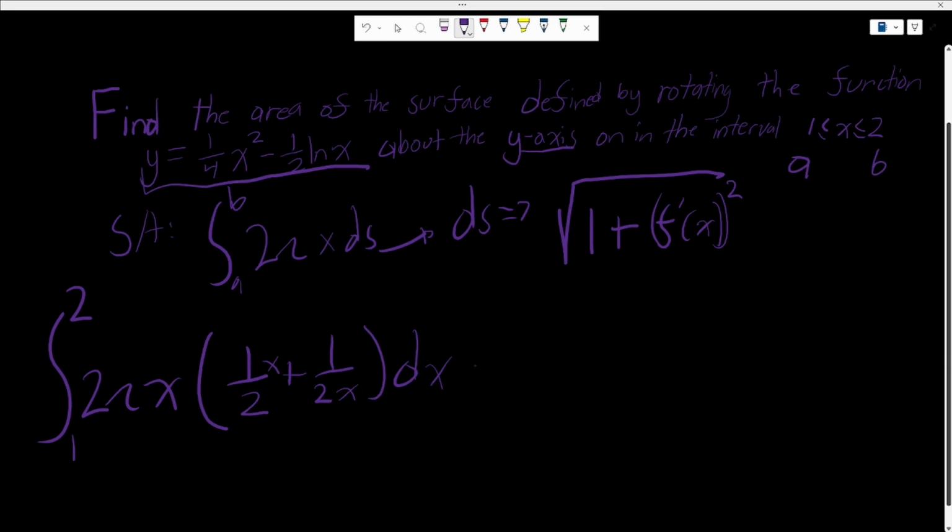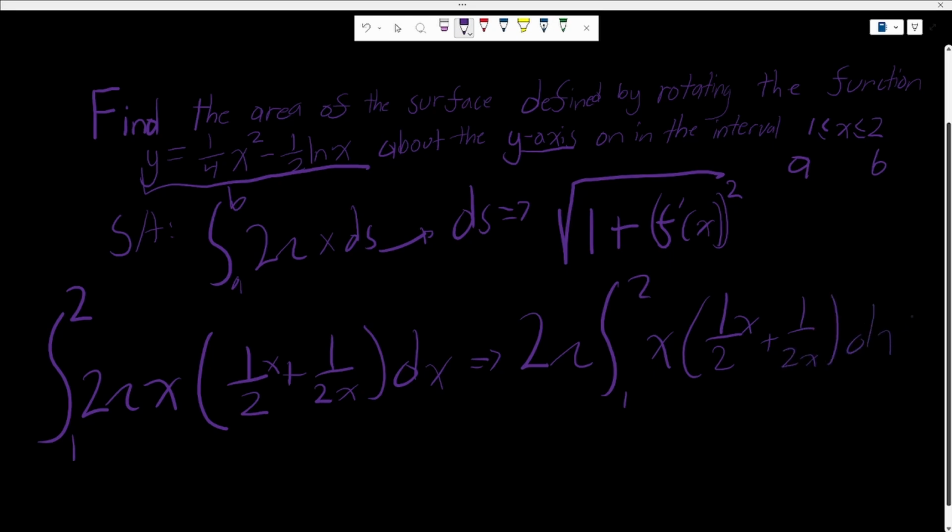So we can probably leave out our 2π since that's just a constant. So 2π, going from 1 to 2, of x. And what we're going to do here now is just multiply our x out and simply evaluate the integral. So x times 1/2 x is going to be equal to x²/2.